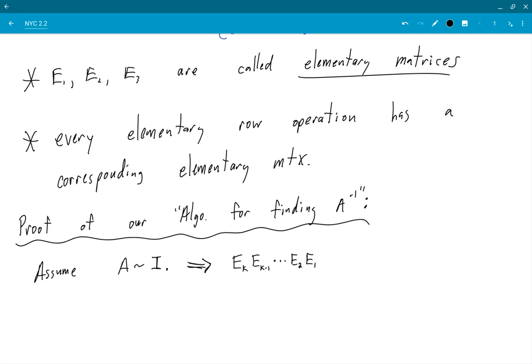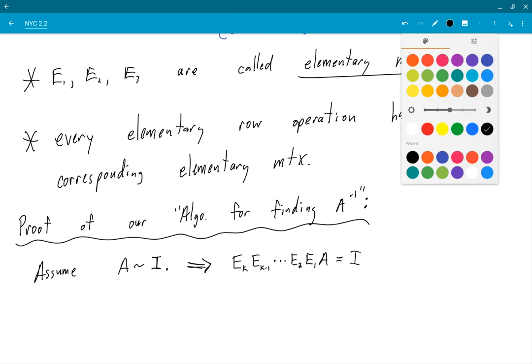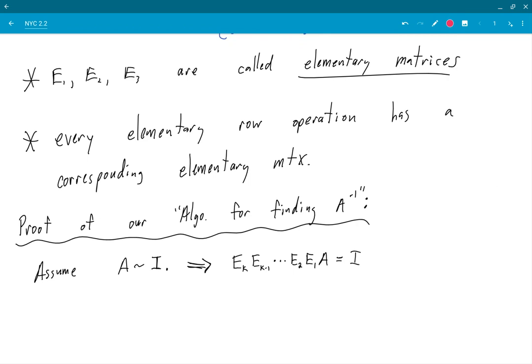So there is some product of elementary matrices such that when I multiply A by it, I'm going to get I.